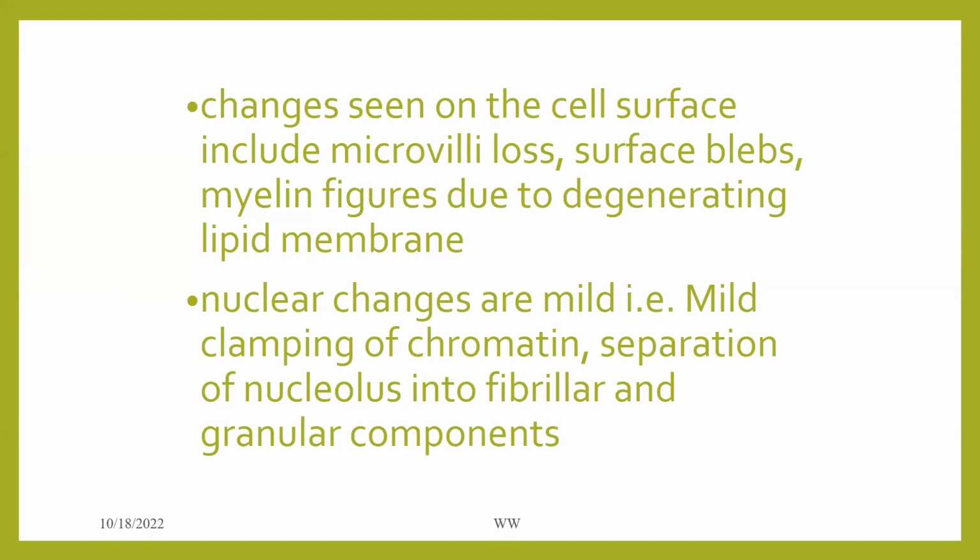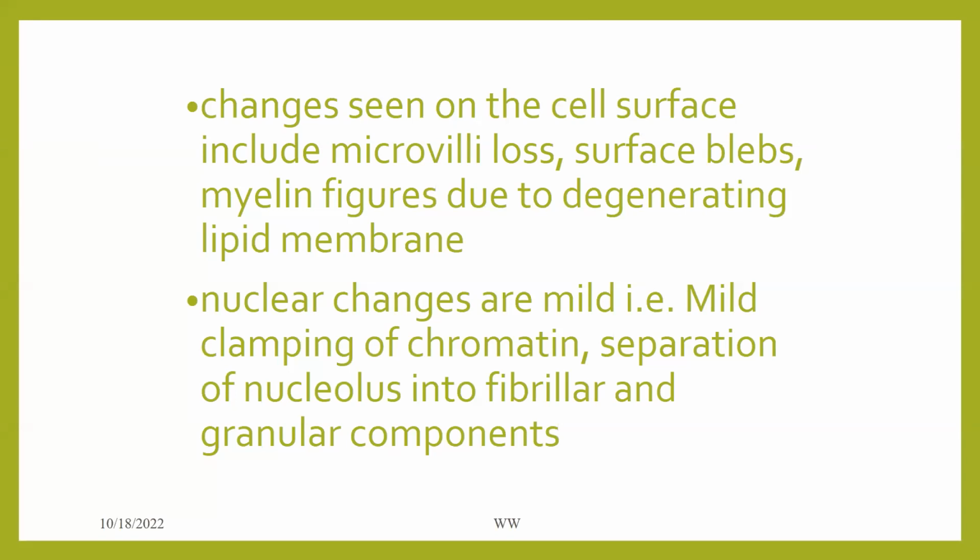This is derived from the plasma membrane. So you see these myelin figures within the cytoplasm. You require the electron microscope to demonstrate, or special stains to show that. And that is because the lipid membrane, the plasma membrane, is degenerating and the components are aggregating into what we call myelin figures.